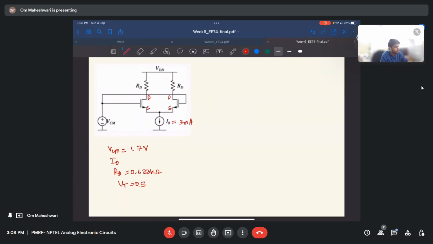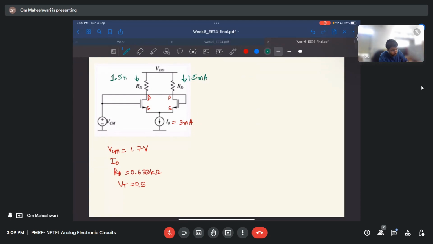Both these branches are identical. So if 3 milliampere current is flowing here, 1.5 milliampere will flow from this branch and 1.5 milliampere from this branch, right? Let me write 1.5 milliampere here also.